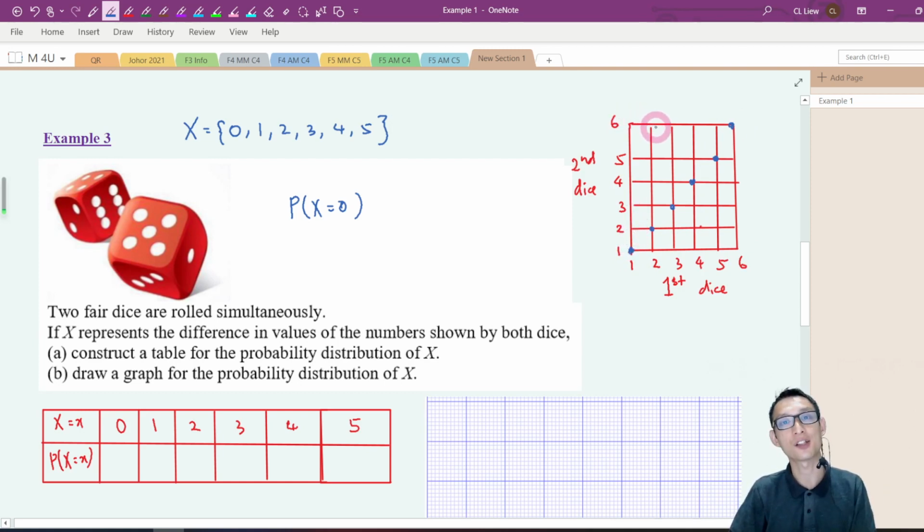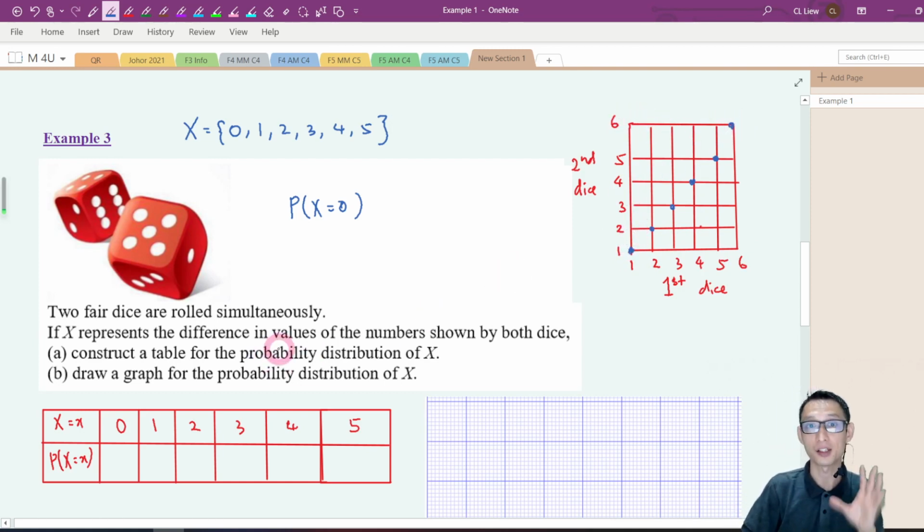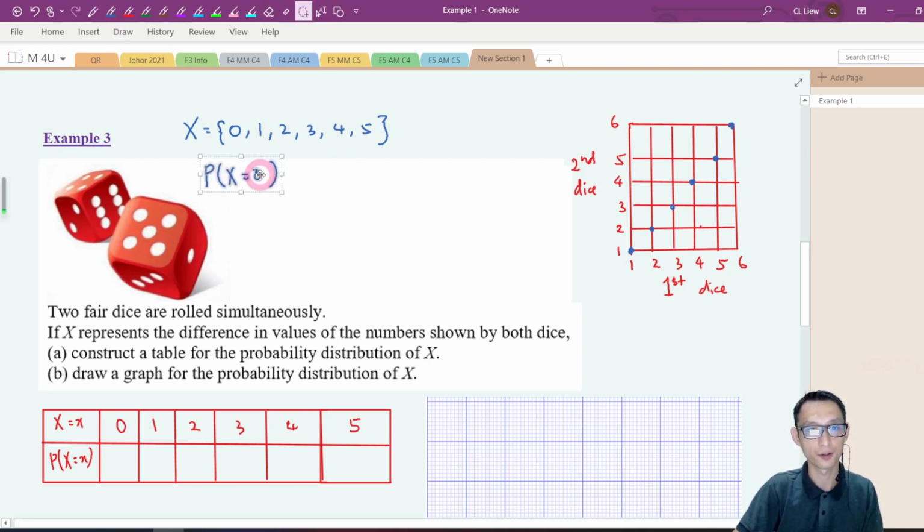There are 36 intersection points here. It means 36 possible outcomes. So I'm going to write 6 over 36. If I simplify it, I will get 1 over 6.